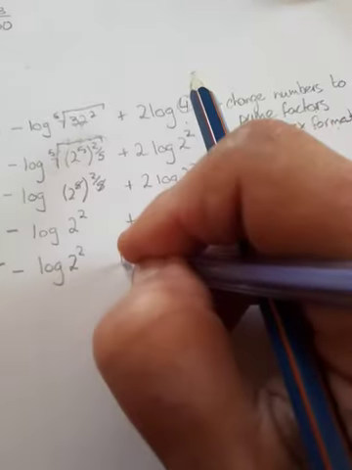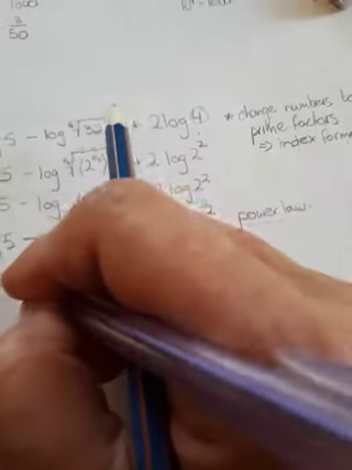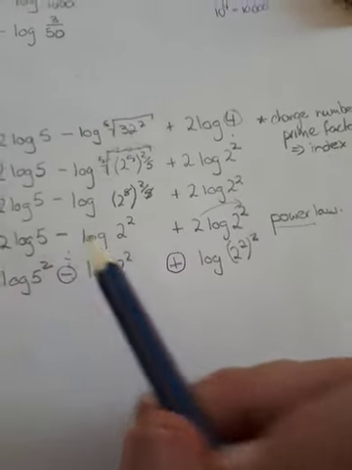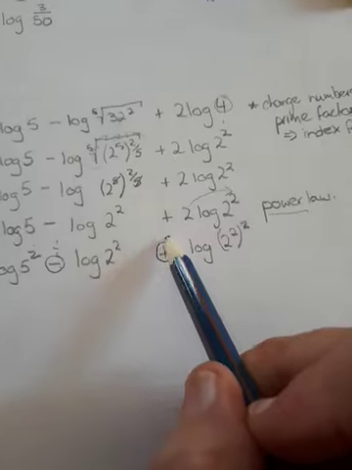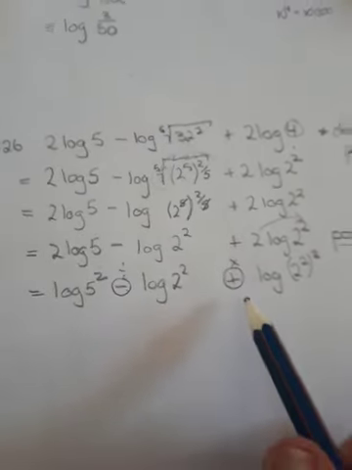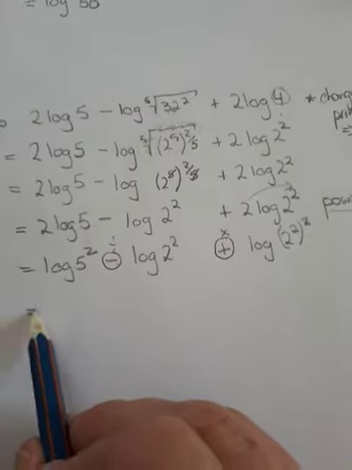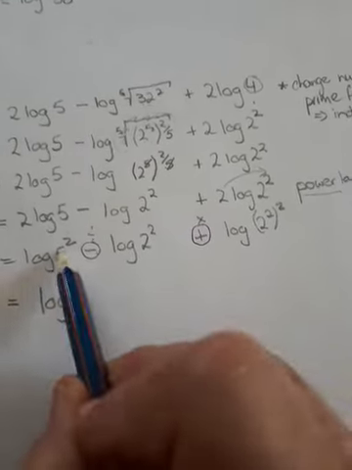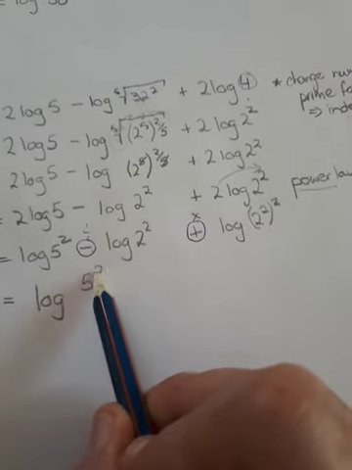Now we must identify the operations. Remember, your minus is the quotient law, so that is division, and your plus is your product law, so that is multiplication. So now we can simplify that into a single log. This becomes the log of 5 to the power of 2.